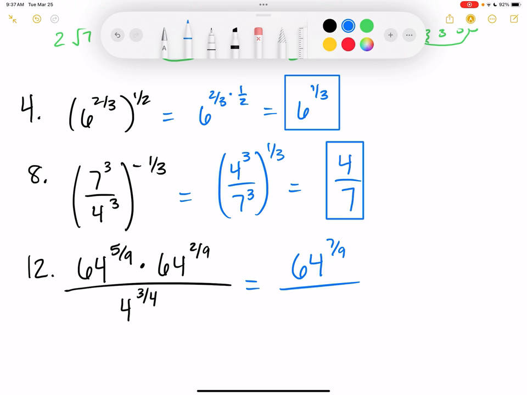What does this 3 up here tell me to do? 4 times 4 times 4. There we go. What is 4 times 4 times 4? 64. 64 then raised to the 1/4. Now do they have the same base? Yes, same base, not same exponent. So now what do I do? Divide.